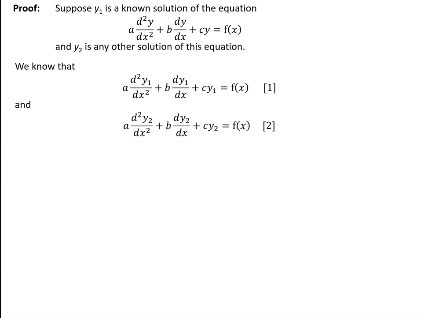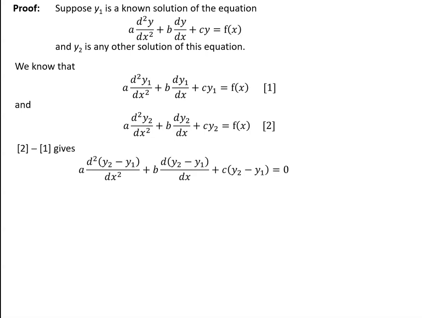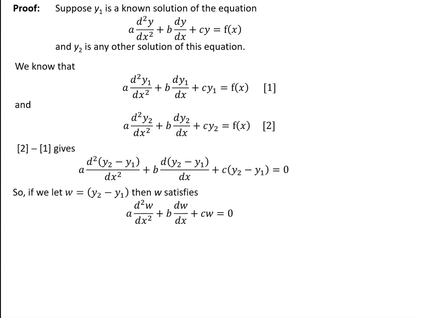If we subtract the two equations, then we've got a times the second derivative of y2 minus y1 plus b times the first derivative of y2 minus y1 plus c times y2 minus y1 must equal 0. So if we let w equal y2 minus y1, then we've got a times d2w/dx squared plus b times dw/dx plus c times w must equal 0.